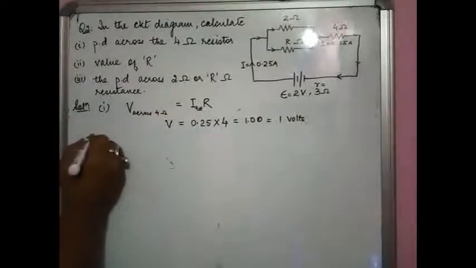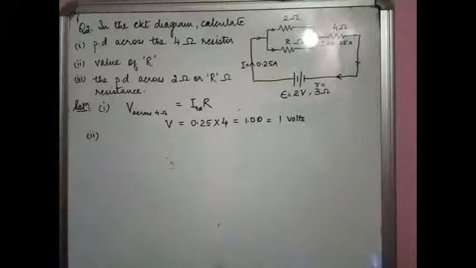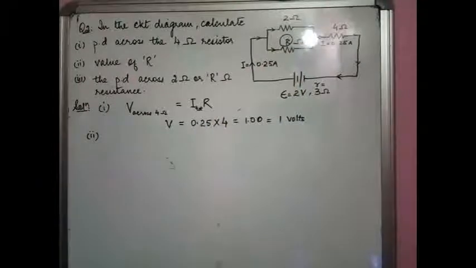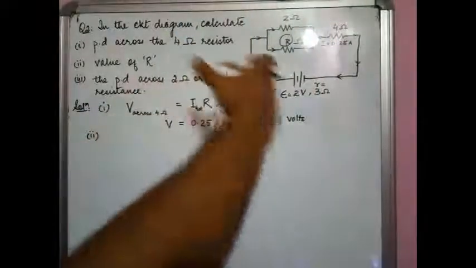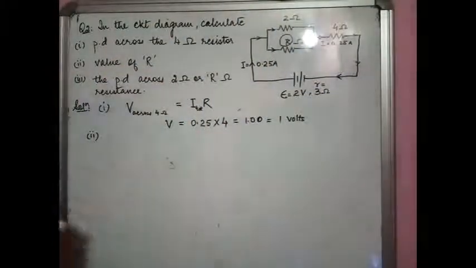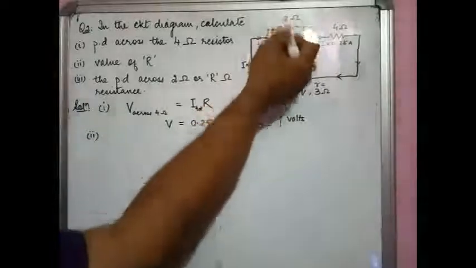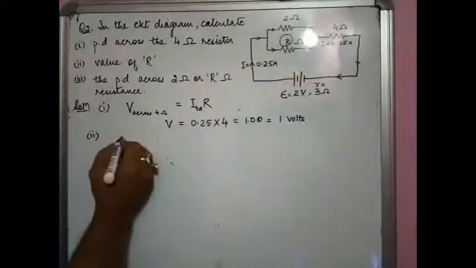Okay, so now quickly moving on to the second part, which is finding the value of capital R. Capital R is this R that we have to find out. So that R is a part of the overall resistance. Let us first calculate the combination of these two resistors.